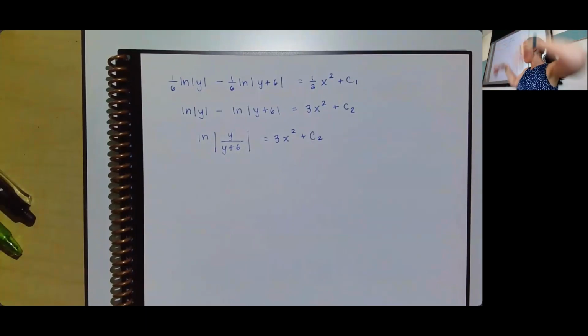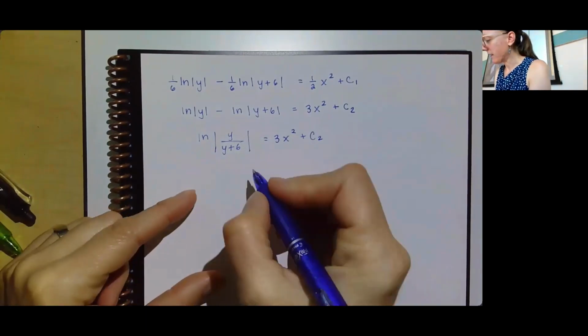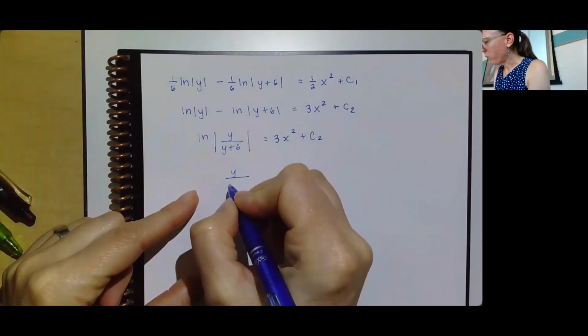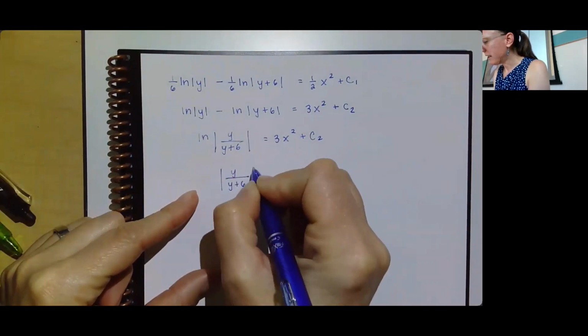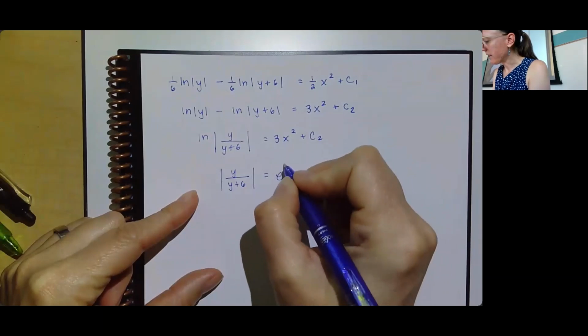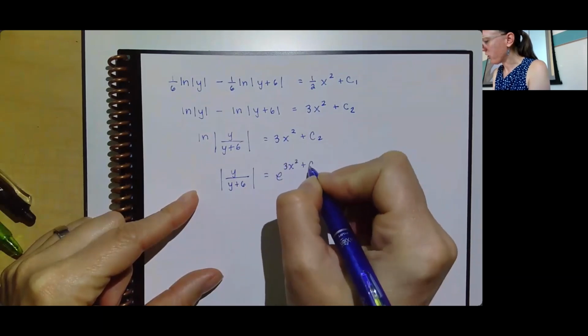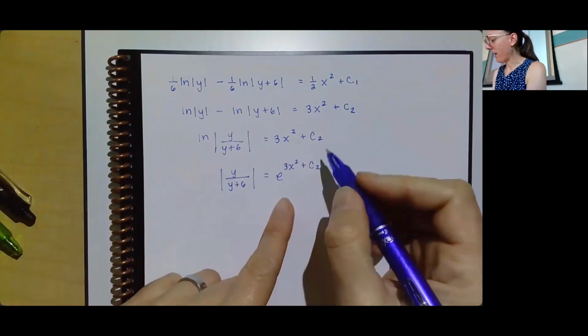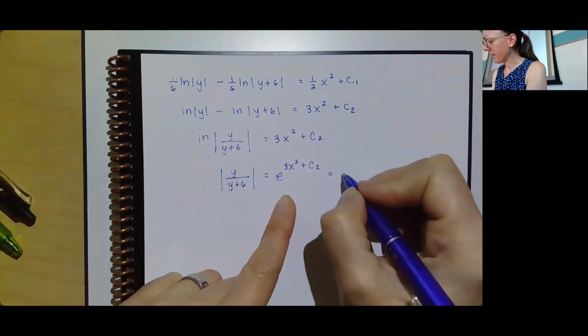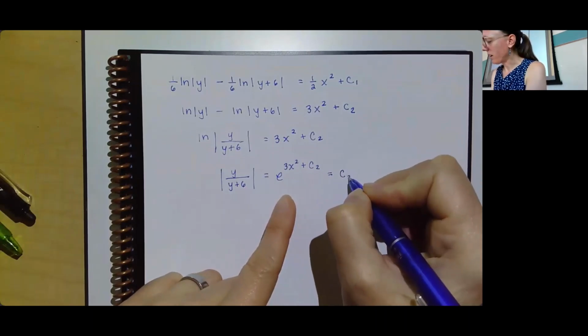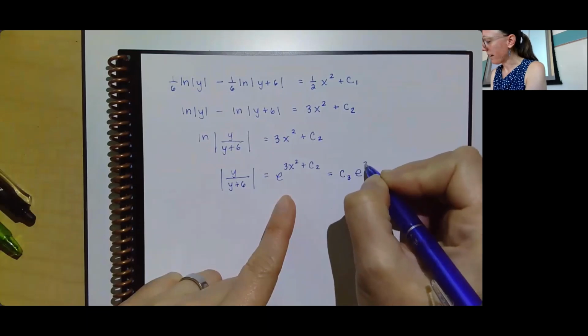Now I can do e to the stuff on both sides. When I do e to the stuff on both sides, I've got y over y plus 6 equals e to the 3x squared plus c2. And that's where I'm going to rewrite that as c3 e to the 3x squared.